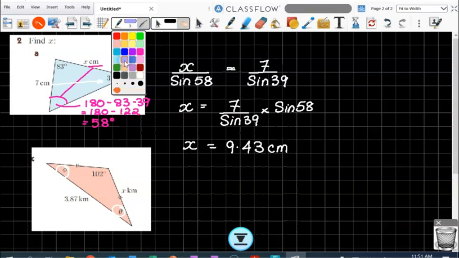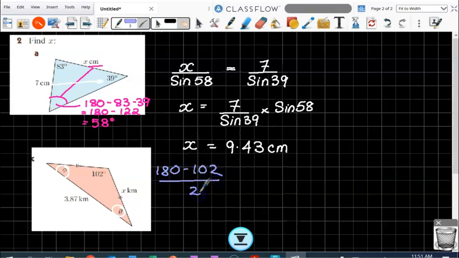So it's going to be 180, take my 102, and then split it between the two angles that we have. Excellent. So we get 39 degrees, so is this one, and I think then you have enough information. So a little bit of geometry skills come into it.